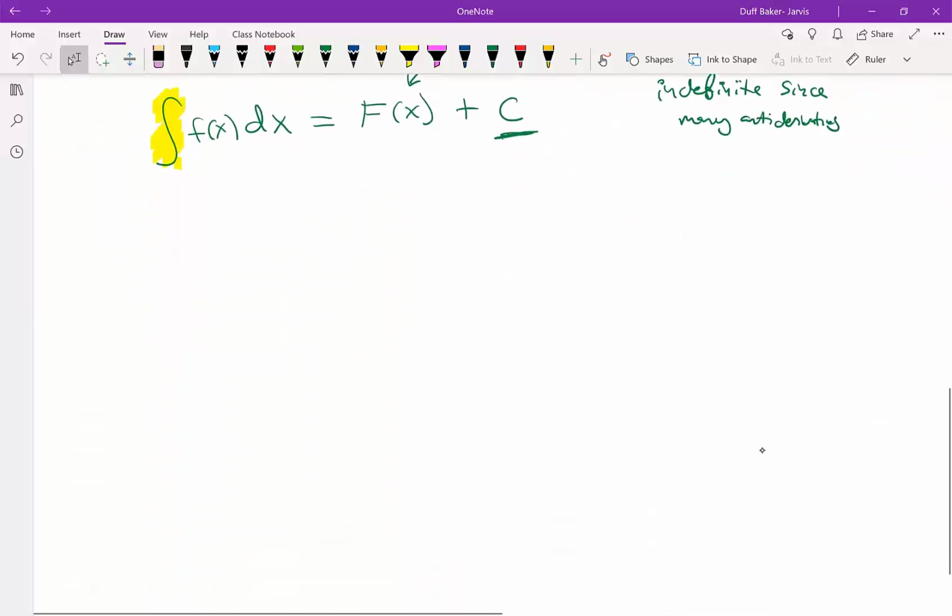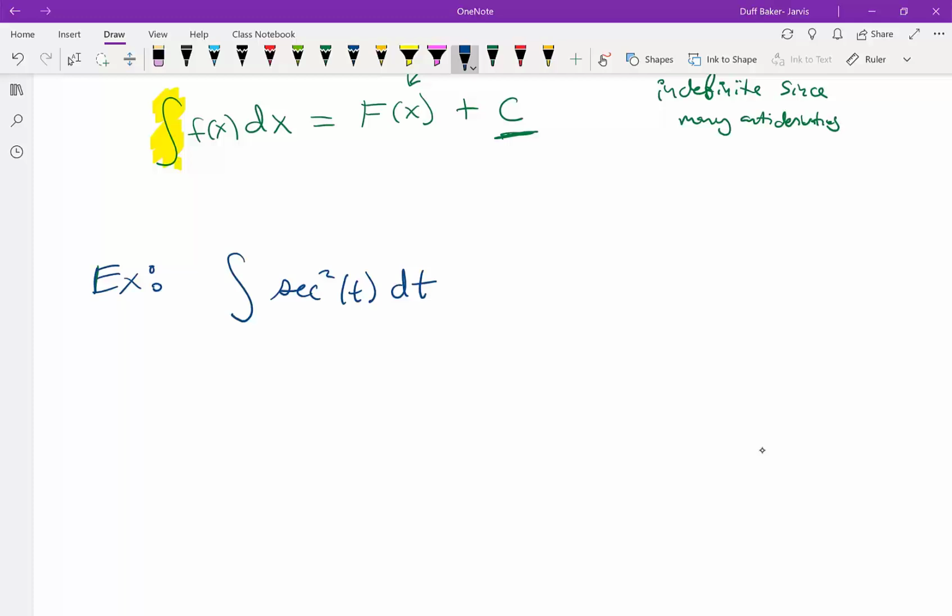Let's do some quick examples. So example, let's compute the indefinite integral of secant squared. Well, we just find an antiderivative.